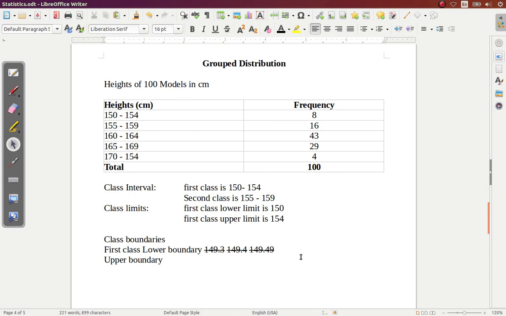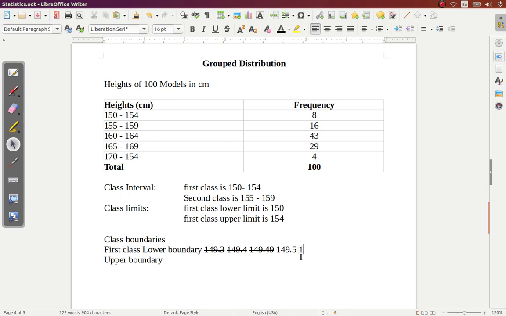Can't work. What about 149.5? Yes, because you would round this up to 150. Alright? You round it up to 150. Good.